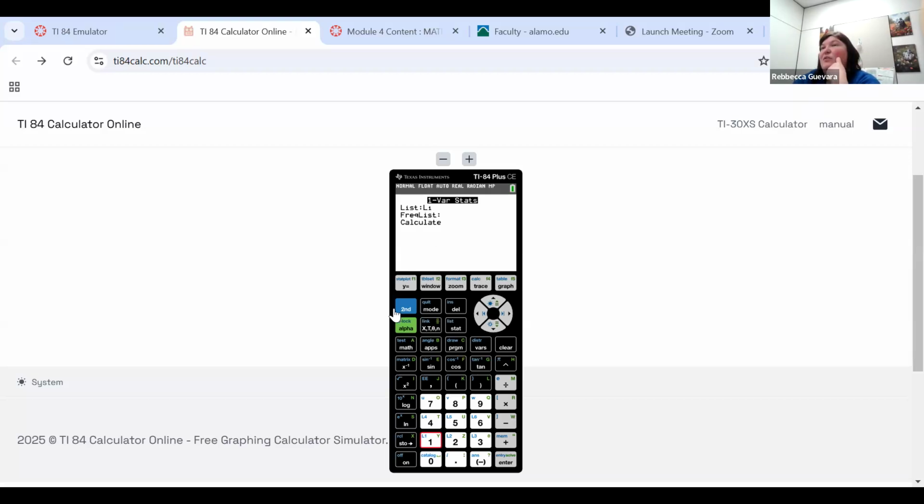If we did have to use another list, say I put everything in list 2, you would just hit second, and right there you see L2. Anything that's in blue will be brought up by hitting that second button first. Second 2 gives me L2, second 1 gives me L1. I'm going to delete the extra lists because I don't need 2 lists in there. I just need L1.